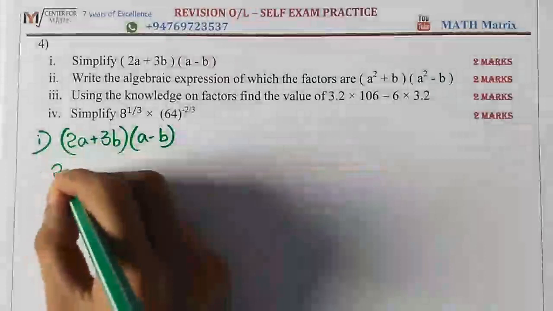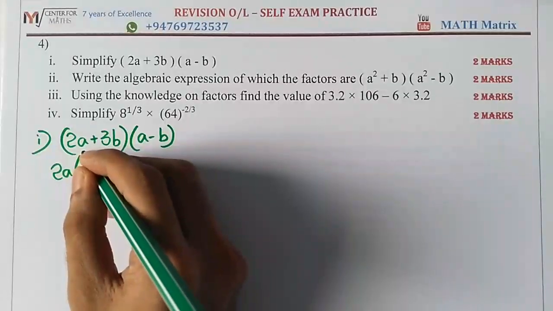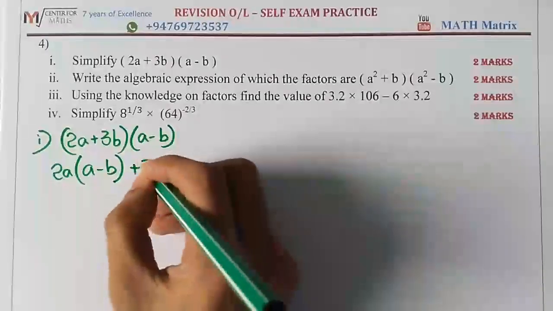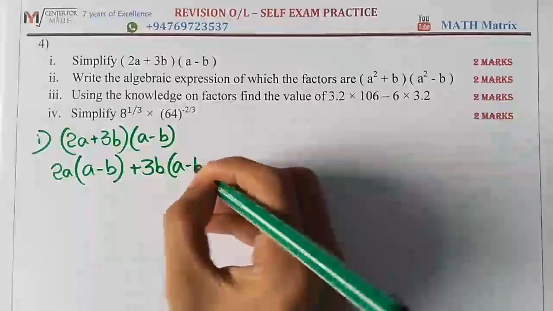Okay, right. So here the first term, 2a, we have to multiply by the second bracket a minus b, and the second term, 3b, we have to multiply by again a minus b.